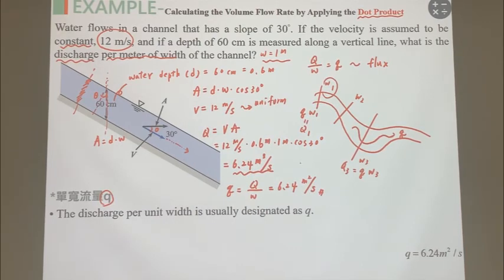So this is our final answer. Okay, so in here I just introduced another parameter, small q. We usually use it in hydraulic problems. So you simply have the discharge divided by the width, and then this is the small q.